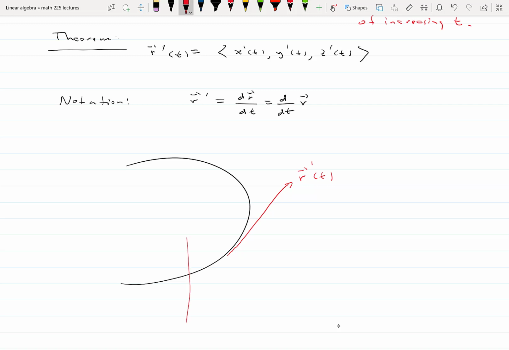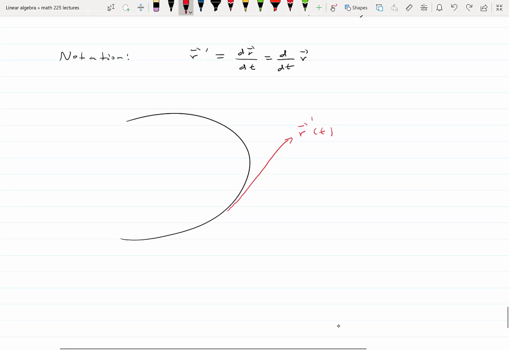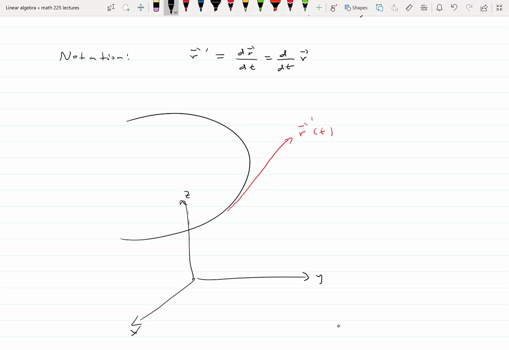So here are the axes. So we're looking in the first octant. So here's the vector r of t, position vector. R prime of t is tangent. So r of t is a position. R prime of t is tangent.